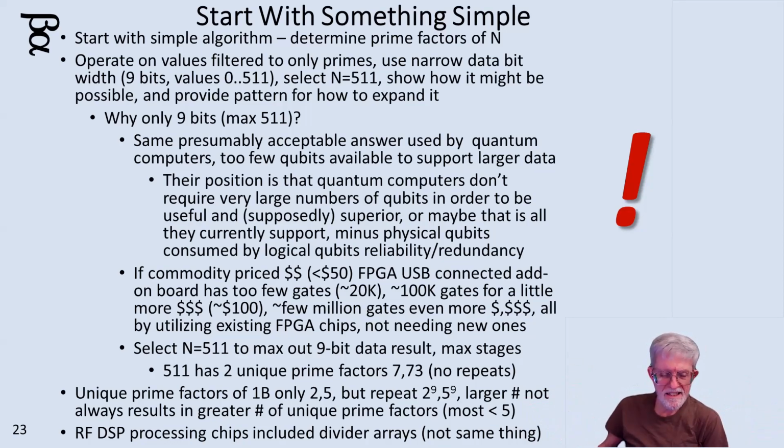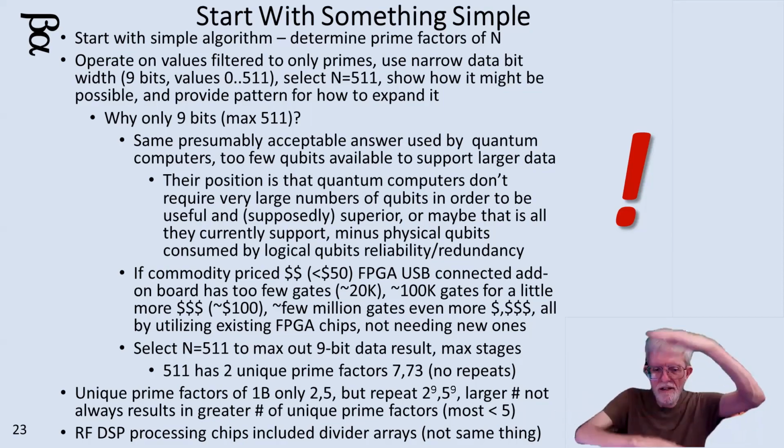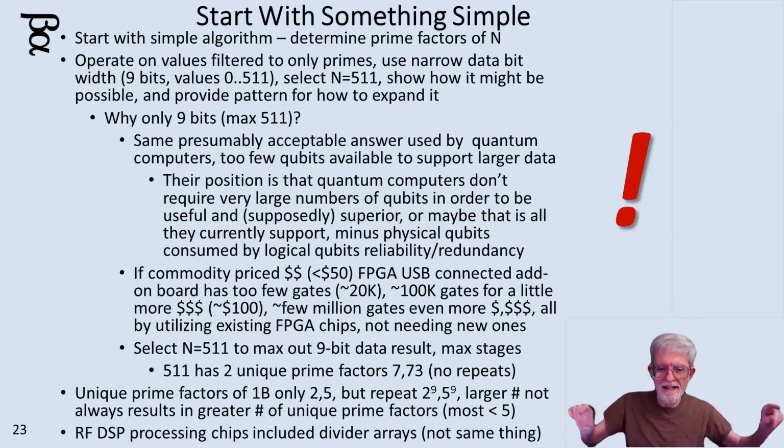But if I had more gates, if I spent more money on a bigger gate array, then I could either have another stage of them, or I could take that 9 bits and widen it out. And just because you have a larger number doesn't necessarily mean you have more prime factors. As you get to bigger and bigger numbers, the number of prime factors doesn't really grow, but the number of repeats of them does.